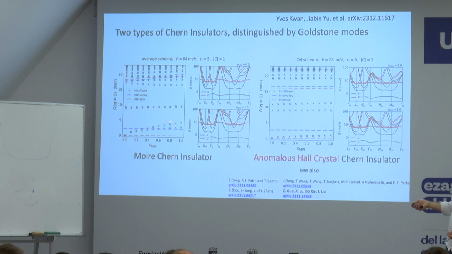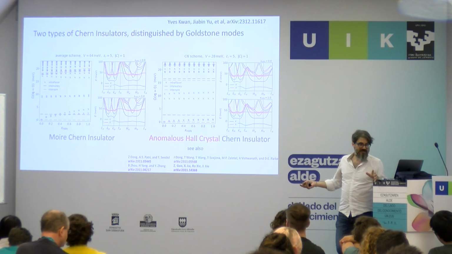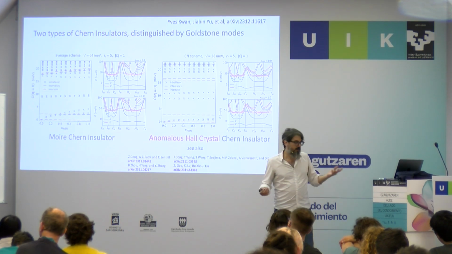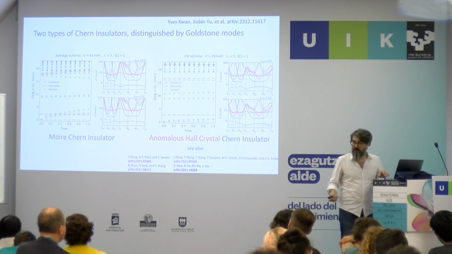Whereas in this other scheme, where the moire is important through the interaction between the conduction bands, which single particle have no moire, and the valence bands, which are affected by the moire, the phonon mode of the Wigner crystal shoots up dramatically and gets a gap. The difference is not in the charge spectrum.